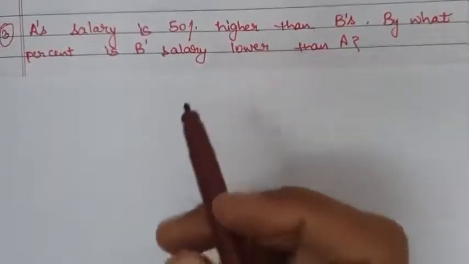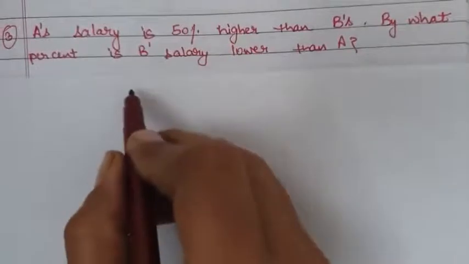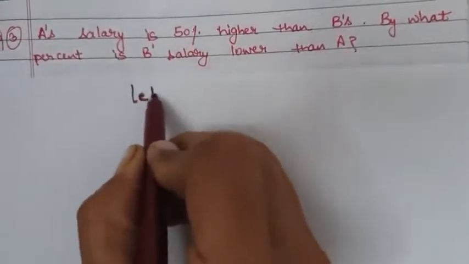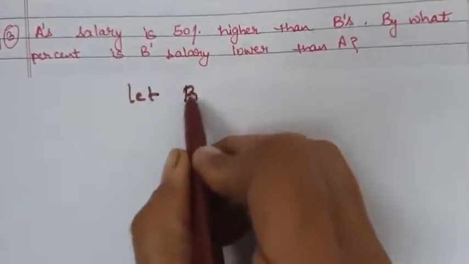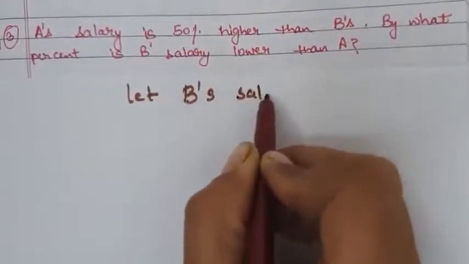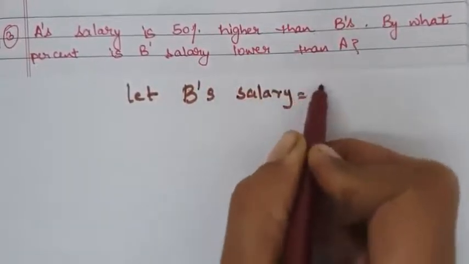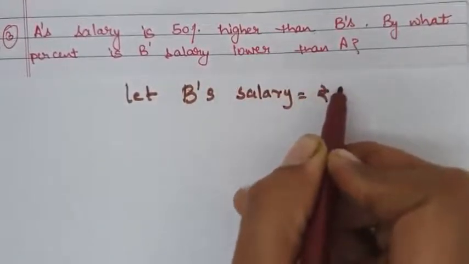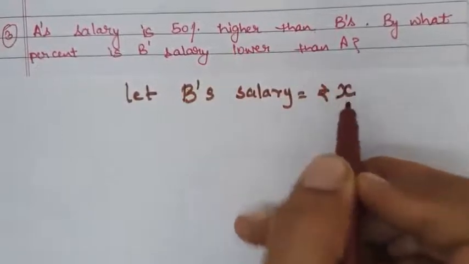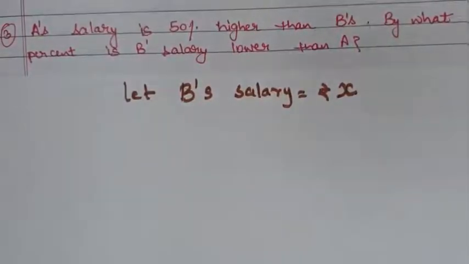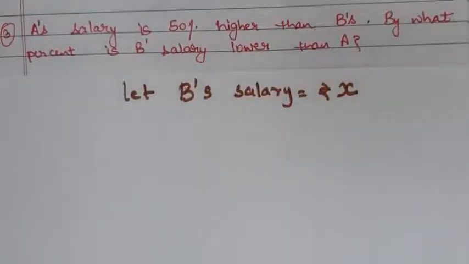So let us start. For this, first of all, let us take B's salary, which we don't know, as rupees X. Now A's salary is 50% higher, means whatever salary B is having, A has 50% more.